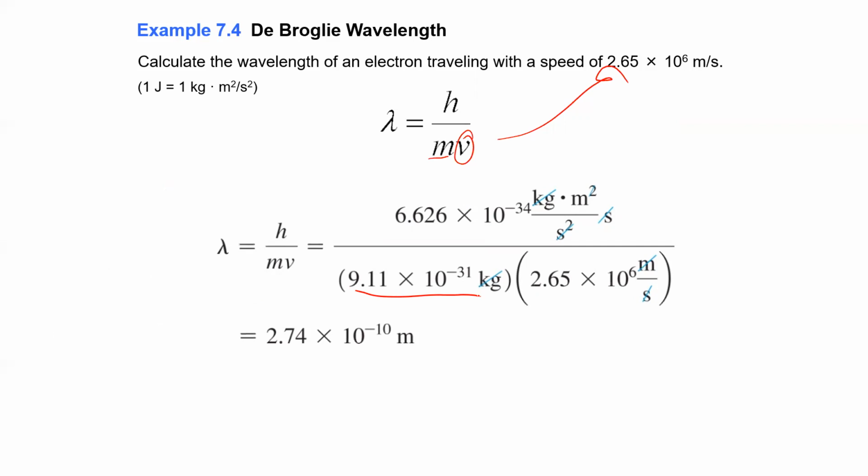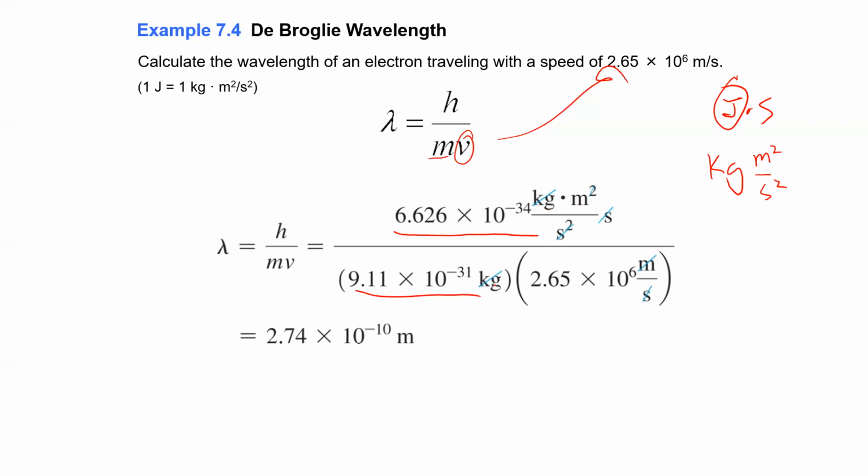But we're plugging this in using our constant for Planck, and if you recall, Planck's constant is in units of joules per second. What we are doing is converting the joules to kilogram meters squared per second squared, which we see right here.